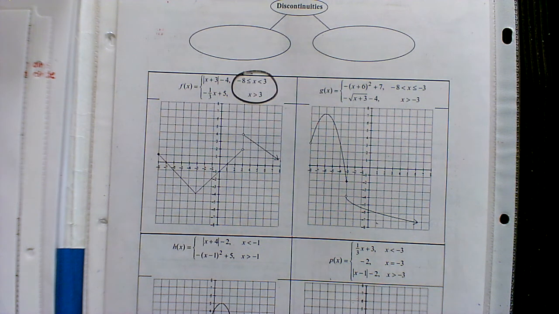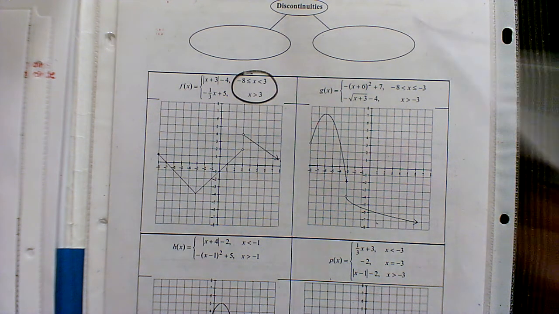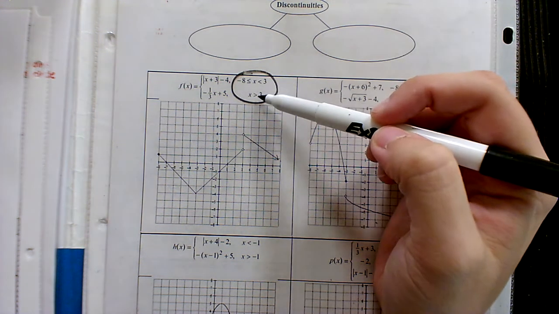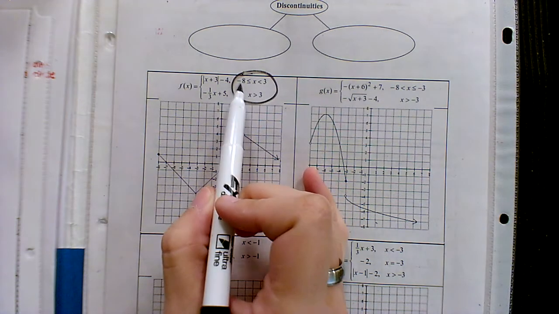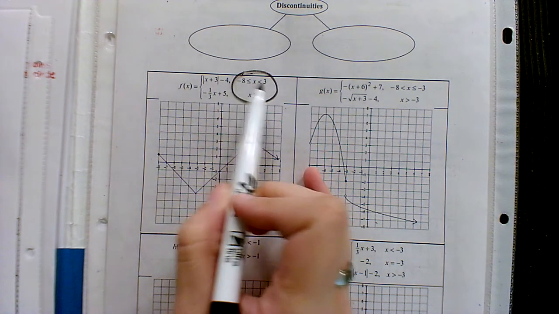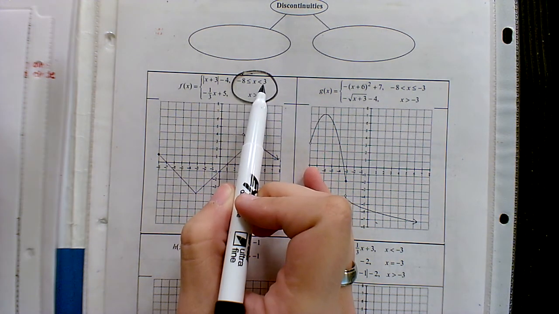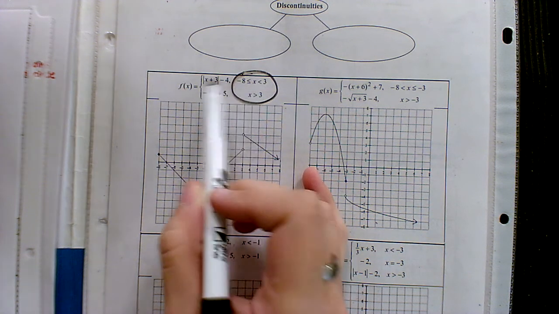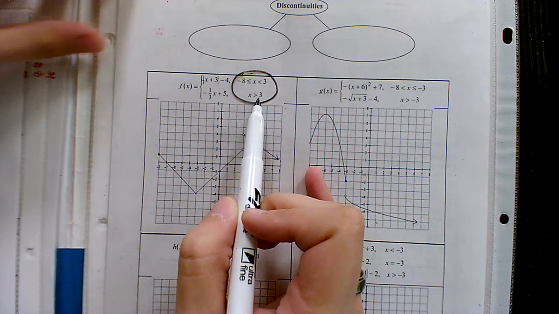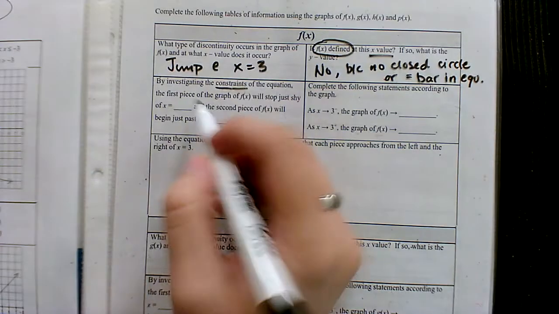What do you think, Tori? Positive. Okay, so notice how based off the first domain, the first equation starts at -8, but it ends at 3. And at that 3 value, that's where the second one picks up. So the first one's ending at 3, whereas the second one is beginning at 3.